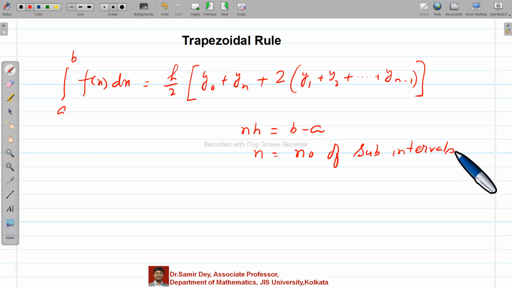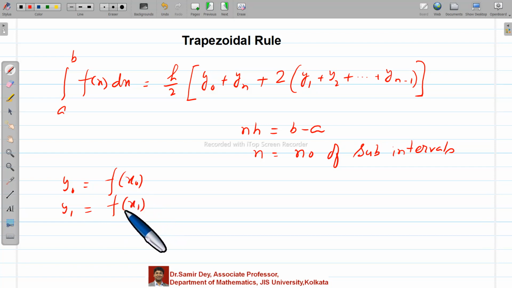So what is y0? y0 is the functional value at x0. y1 is the functional value at x1, and so on. So yn is the functional value at xn.